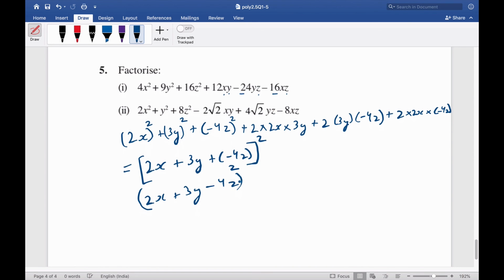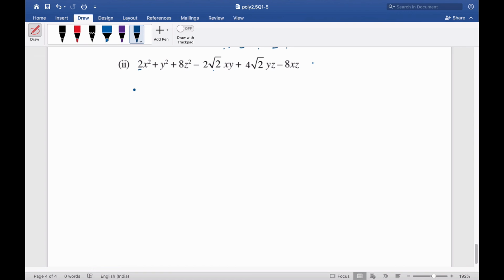So it's been factorized. Now to part 2, it is clear that 2 is not a perfect square, so I can write it as (√2)², and 8 can also be written as (2√2)². So remember, 8 can be written as (2√2)². And also we can see here there's a negative and there's a negative, so that means x must be carrying the negative sign.